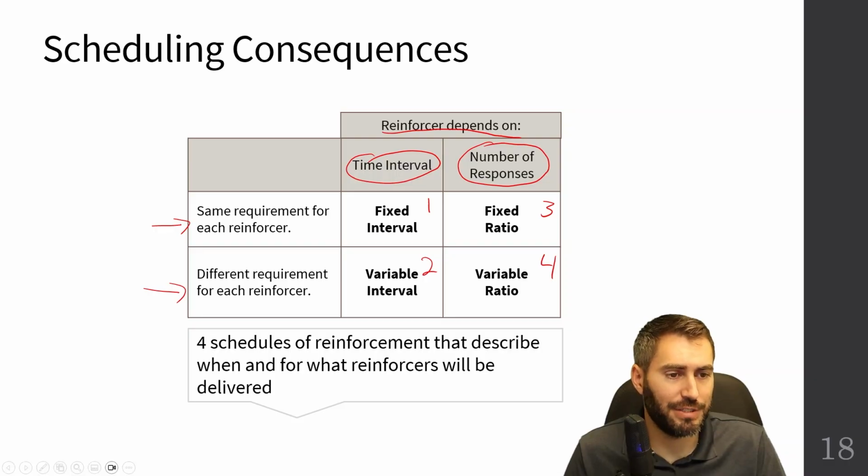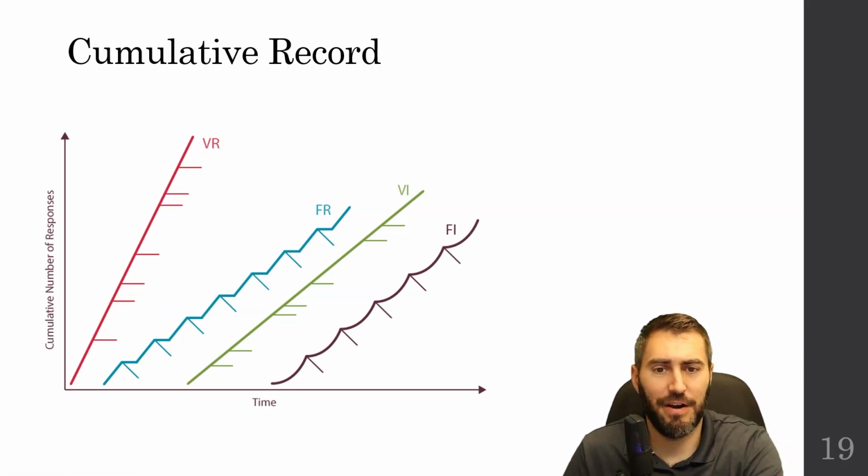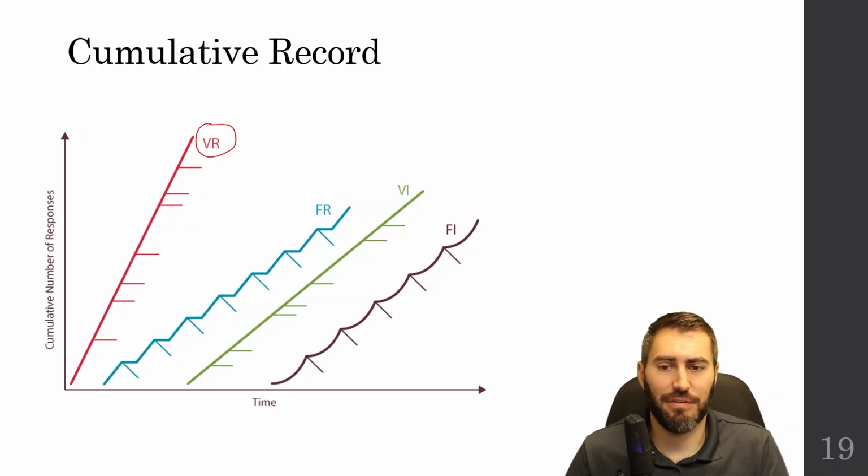What's really interesting is how this is associated with learning and how we see these in effect. What we end up seeing is that a variable ratio tends to be the fastest and most effective way of producing responses. We see this happen very quickly.